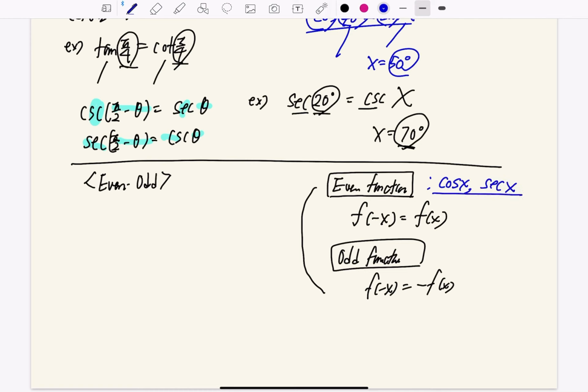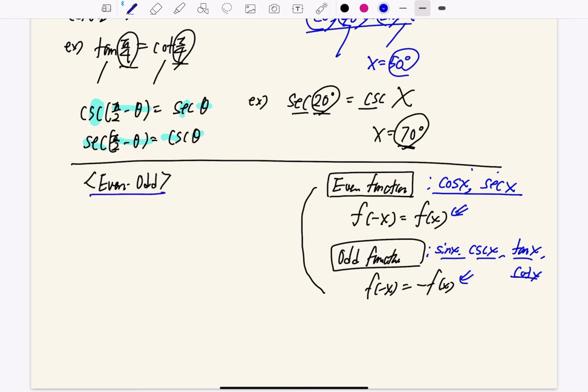These 2 functions are even functions, so they satisfy the first rule. And the other 4 functions are all odd functions: sine and its reciprocal cosecant, tangent and its reciprocal cotangent. These 4 functions are odd functions, so they satisfy the second equation.